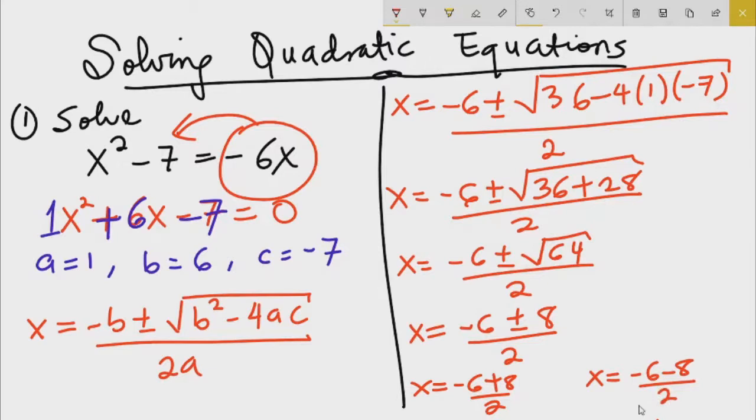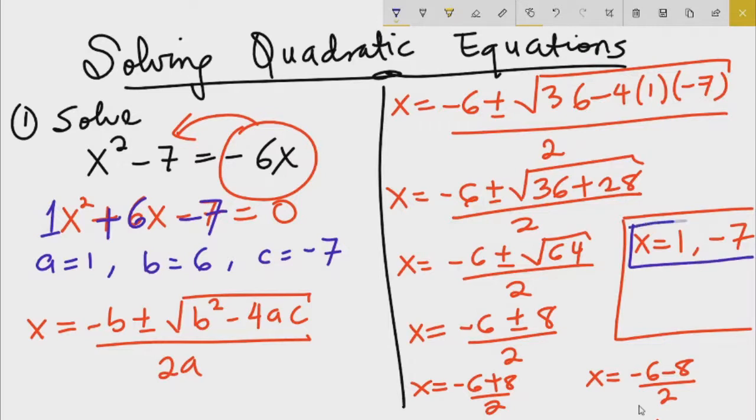To solve this quickly, negative 6 plus 8 is 2, and 2 divided by 2 is 1. So x equals 1. And negative 6 minus 8 is negative 14, divided by 2 gives you negative 7. So we have two solutions: the first one is x equals 1 and the second one is x equals negative 7.